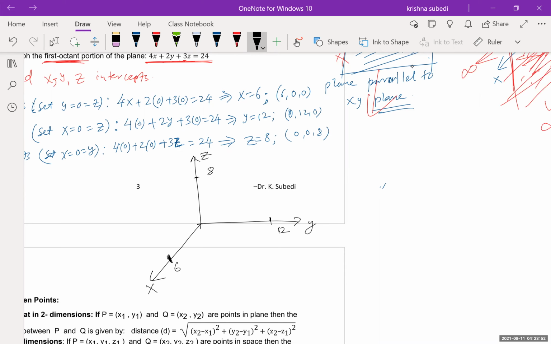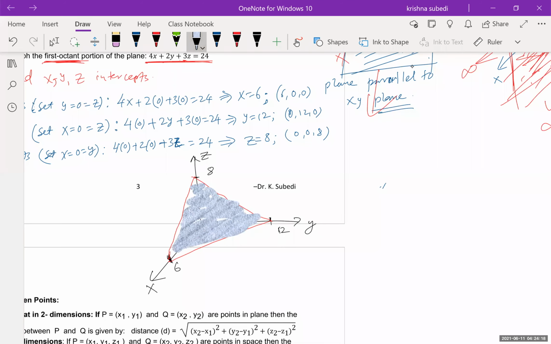Now, to draw the plane in the first octant, what you need to do is just join those points. That's it in the first octant. So the graph right here is the equation of the plane given by that equation.